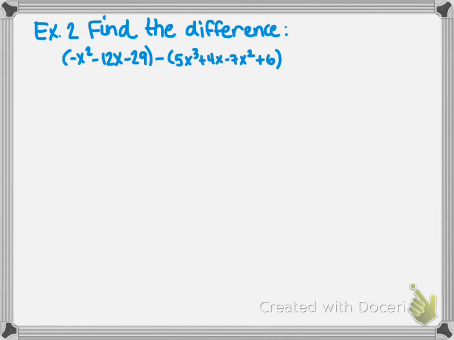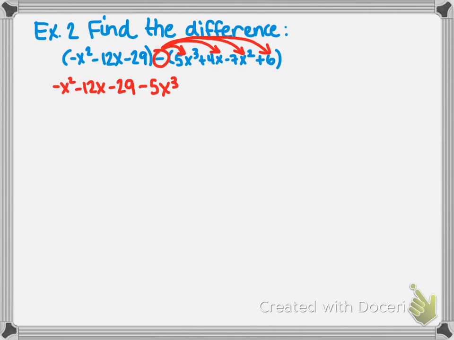So first horizontally, write the first, well, our first polynomial isn't going to change, but the second one has this negative applied to all of its terms. So I write the first polynomial, negative x squared minus 12x minus 29. And now remember that negative is going to change the sign of all the terms of the second polynomial.